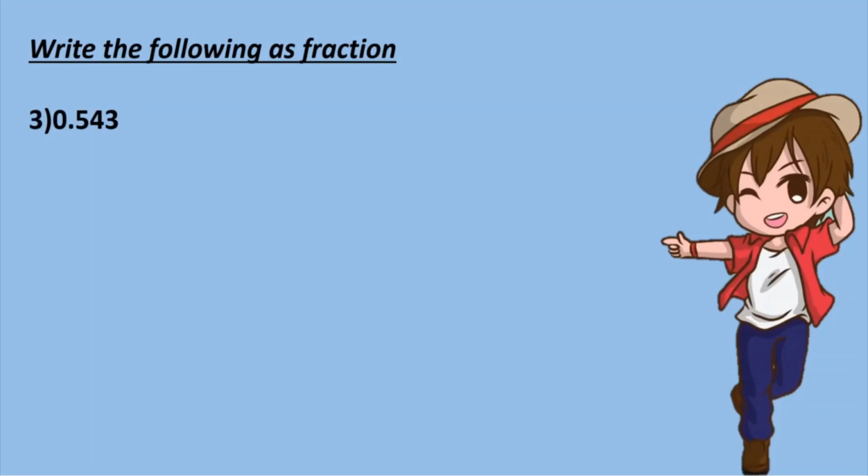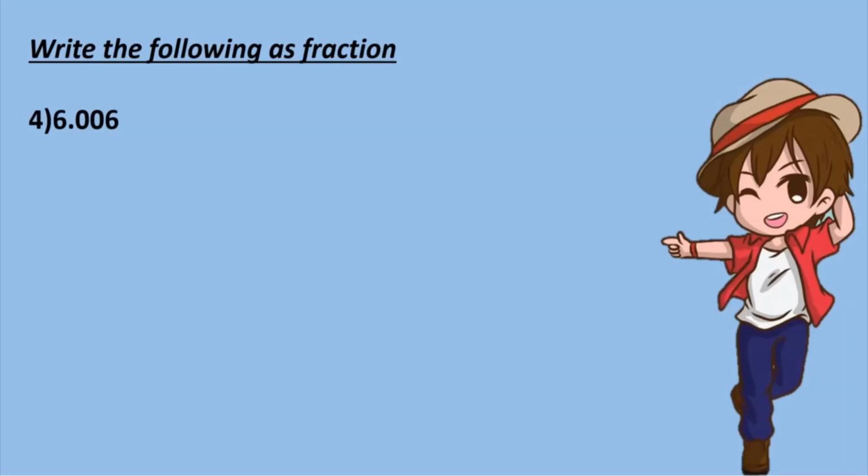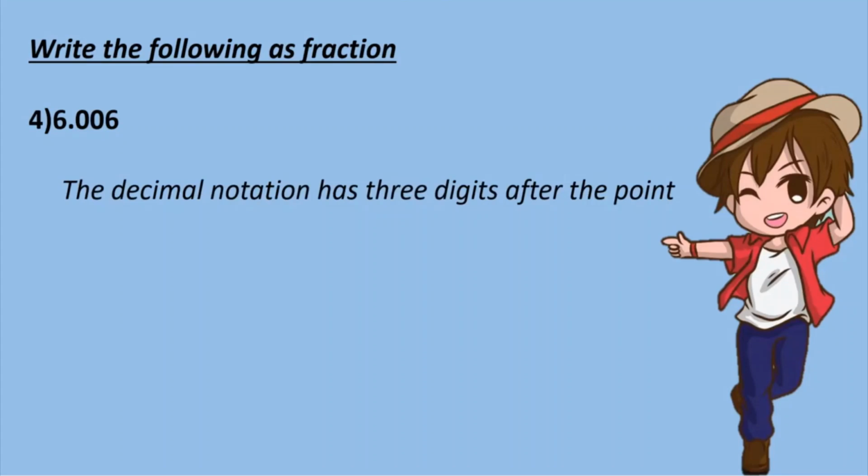0.543. So this again we see that there are 3 digits after the decimal point. So the fraction will be 543 by 1000. 6.006. So here 6 is the whole number. So we write the fraction in the form of a mixed fraction.